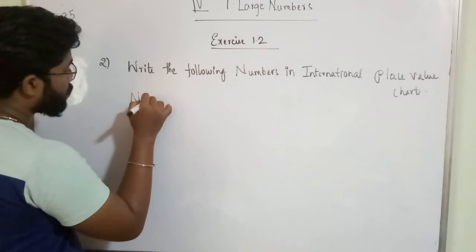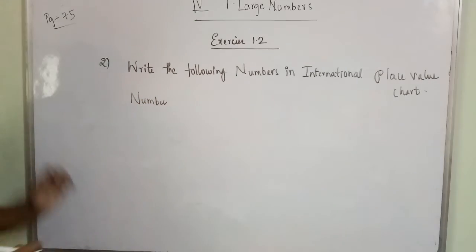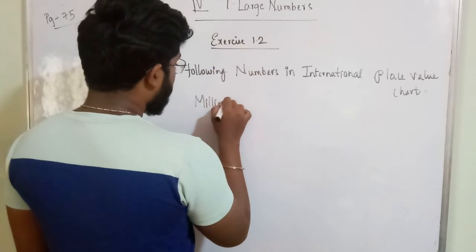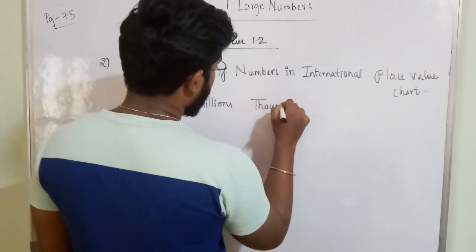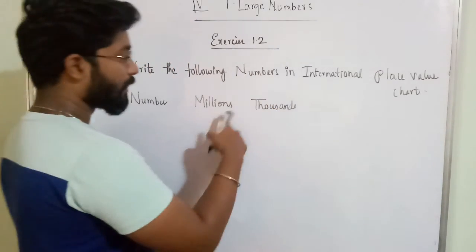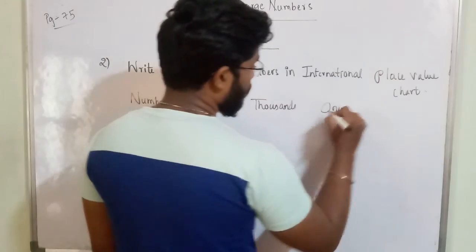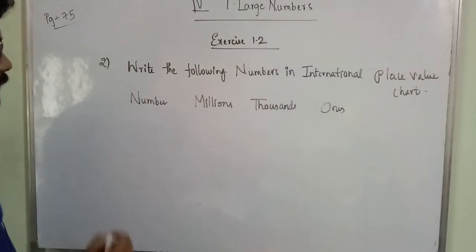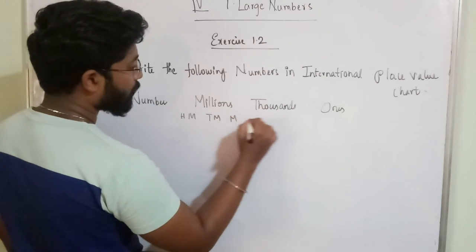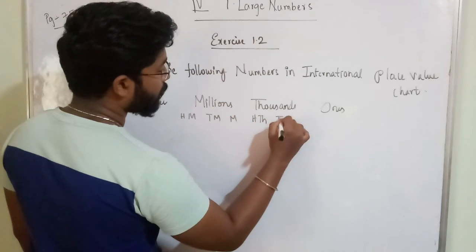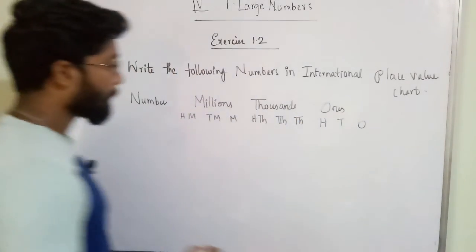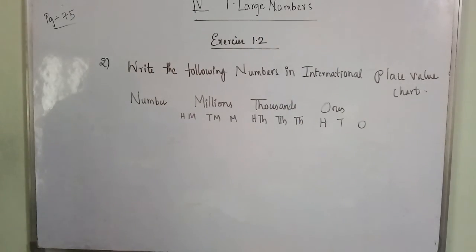This is number, millions, thousands, ones. In millions we'll have million, 100 million, 10 million, million. Here we'll have 100,000s, 10,000s, thousands. In ones we will have hundreds, tens, ones. Clear?